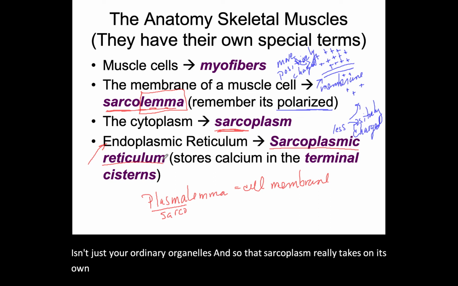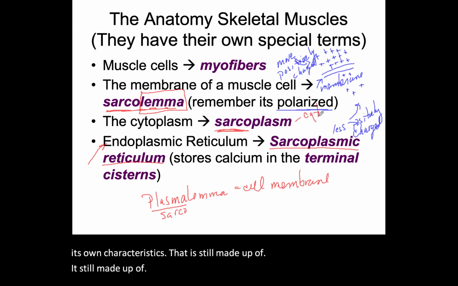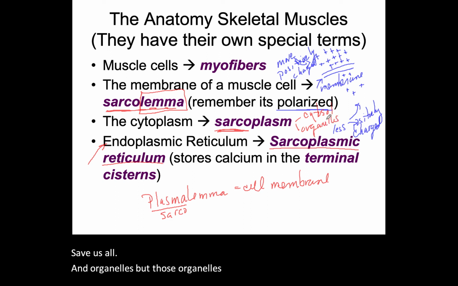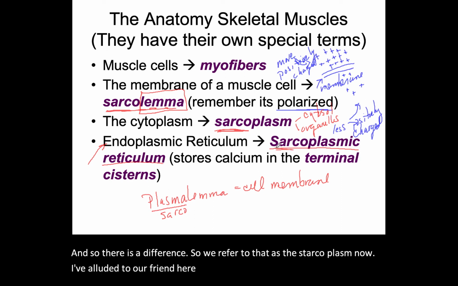It is still made up of cytosol and organelles, but those organelles are specific for skeletal muscle. And so there is a difference, and so we refer to that as the sarcoplasm. Now, I've alluded to our friend here, the sarcoplasmic reticulum. I've alluded to these guys.